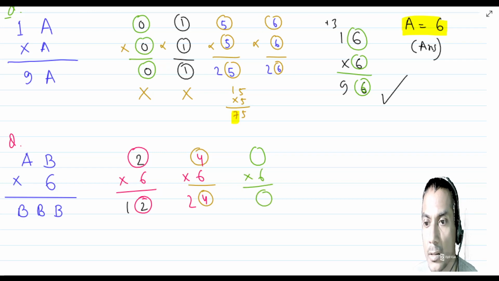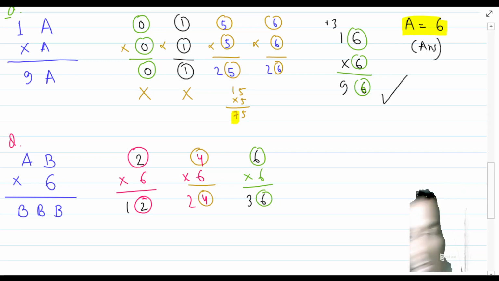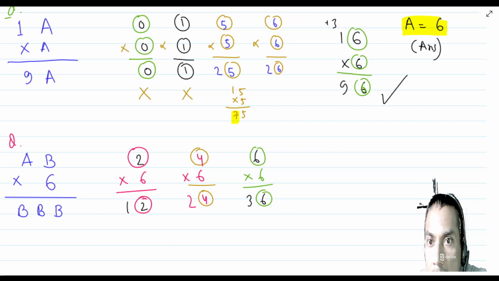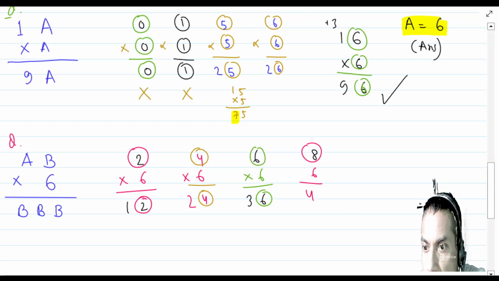Because we put 6 here, then we get 36, means unit digit is 6. 7, here, 6 7 ja 42, not possible. 8 is possible. Write down the 8. 8 is possible. 8 into 6. It is possible, right? So these are all the possibilities.